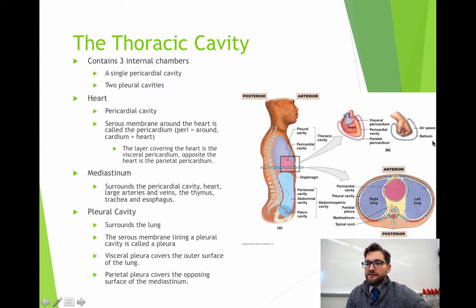This can be thought of like a balloon with a fist in it. Anything that's in contact with the fist would be equivalent to the visceral pericardium. Anything that was away would be the parietal pericardium. The empty space in the middle would be the pericardial cavity. The mediastinum surrounds the pericardial cavity.